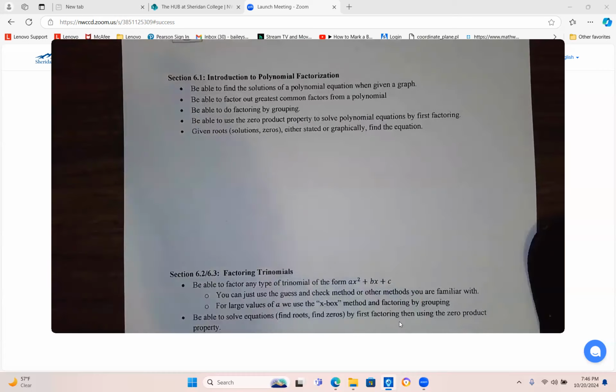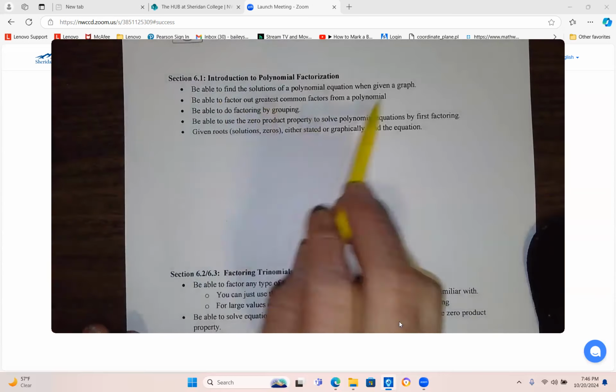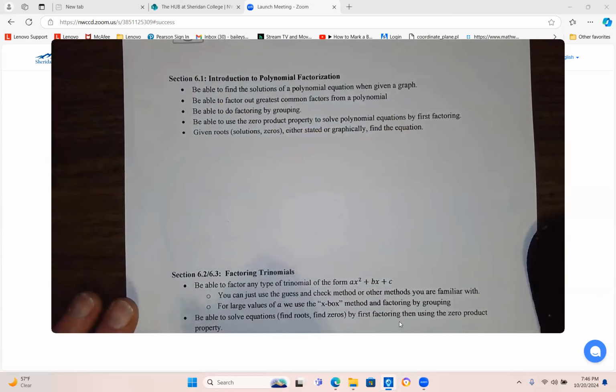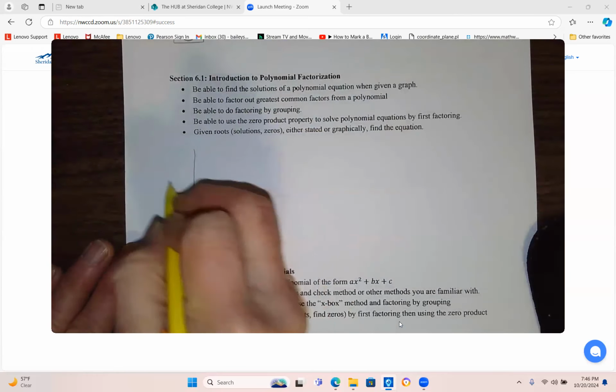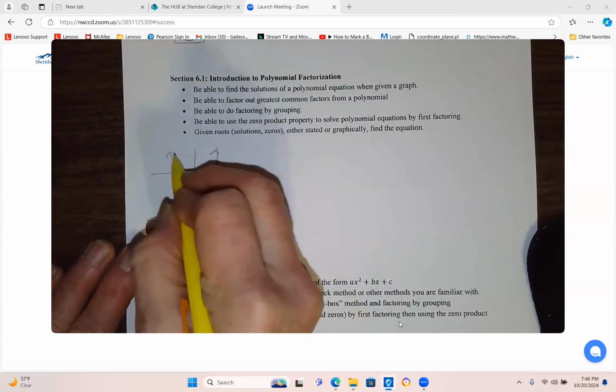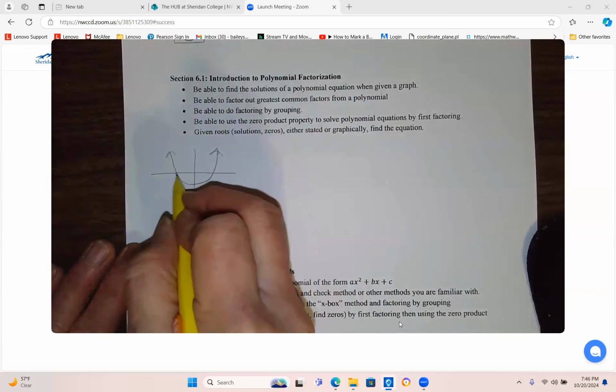6.1. Okay, we're at factoring, solving, finding zeros, finding roots. So again, make sure that you can factor, be able to find the solutions of a polynomial equation when given a graph. So if it's graphed, we'll just do one that was like on your homework.